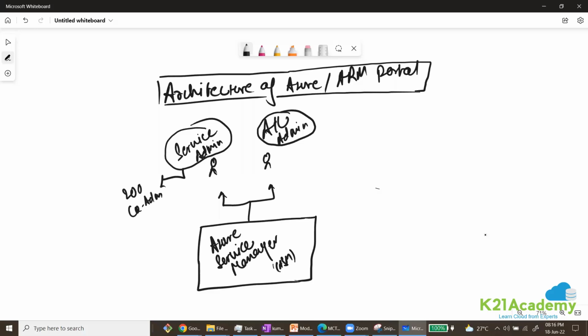co-admins. So how many people were managing this ASM portal? 200 plus 1 plus 2, and this account administrator majorly focused on the cost management side of things rather than access.